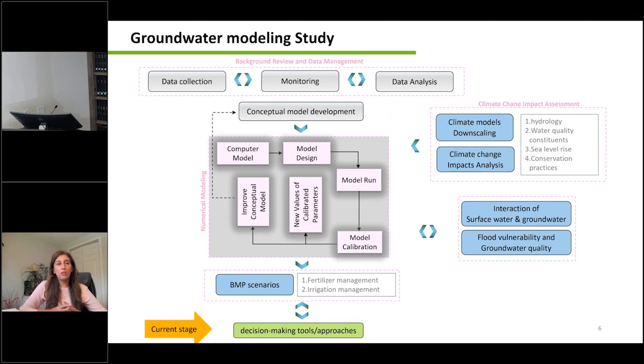Let's look at our groundwater model study schematically. We have started, like any other study, with background review and data management. We have collected the data. We are setting up a monitoring network in some selected sites in central Florida.